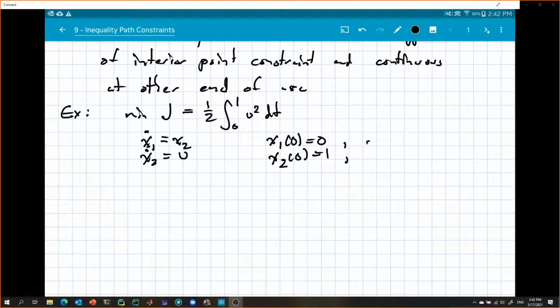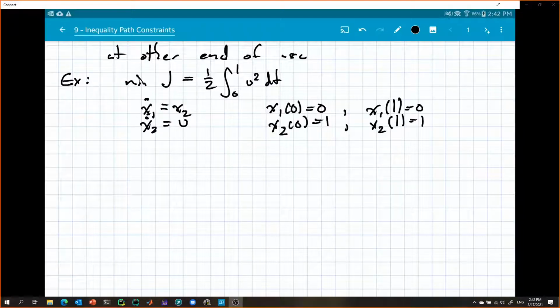And then at time 1, we have our first state equal to 0, and our second state equal to 1. And then we are also introducing the state constraint, x1 minus L less than or equal to 0.